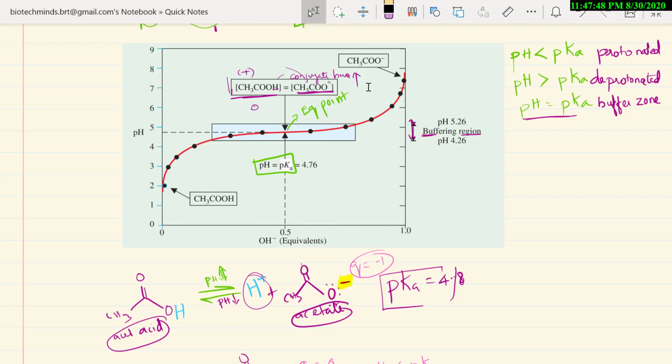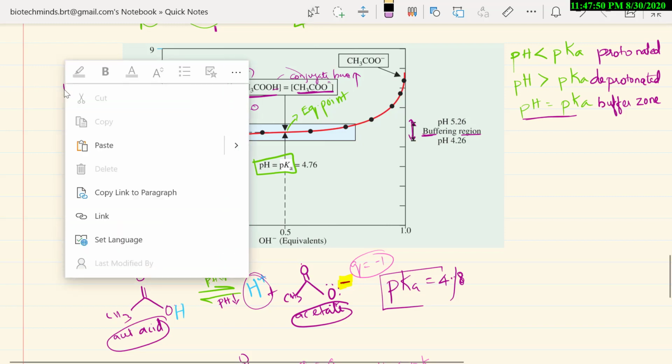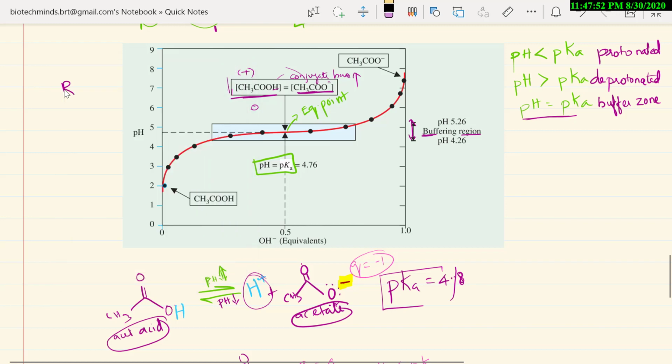For example, an amino acid, where the general formula has a COO minus and an NH3 plus on the same molecule. Then you say it is 0. But here they are separate entities: the negative charge is on acetate and the positive charge is on acetic acid.